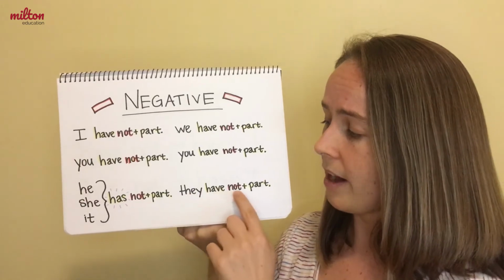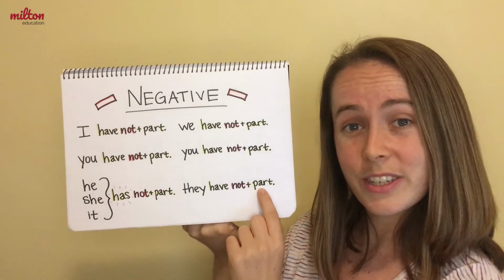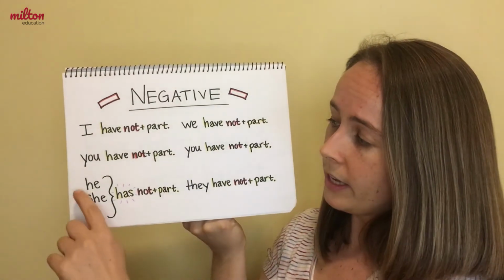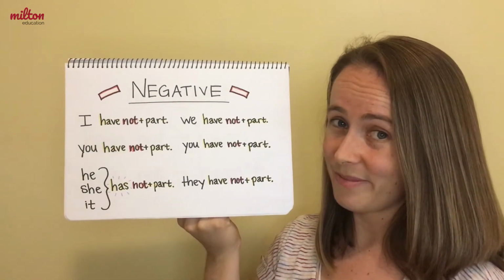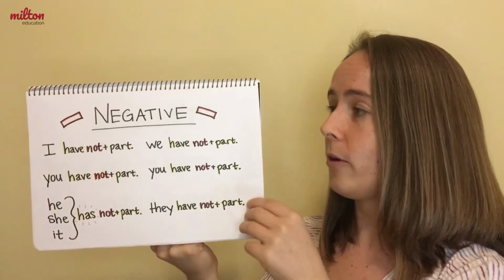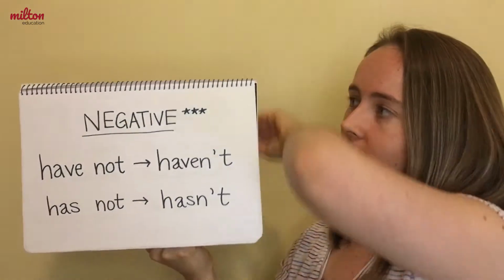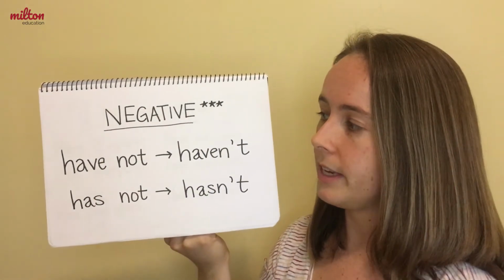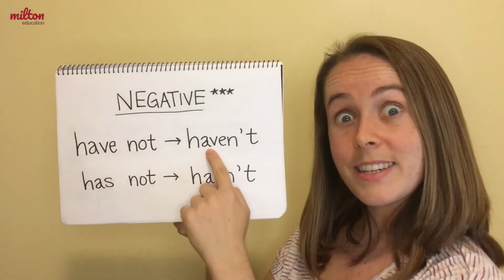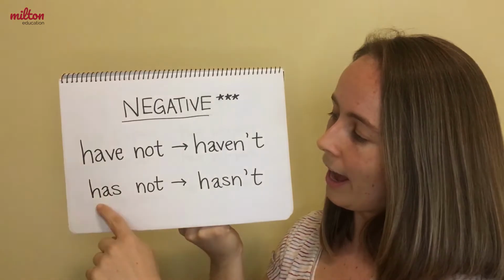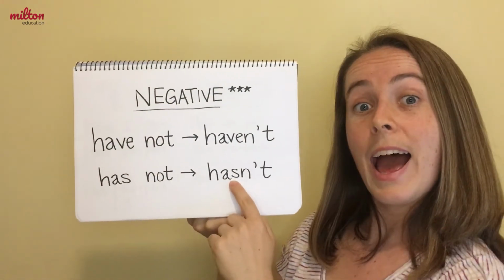Or, they have not finished. Or, he has not been very helpful today. Now, when we speak English, a lot of the time in the negative form, have not becomes haven't, or has not becomes hasn't.